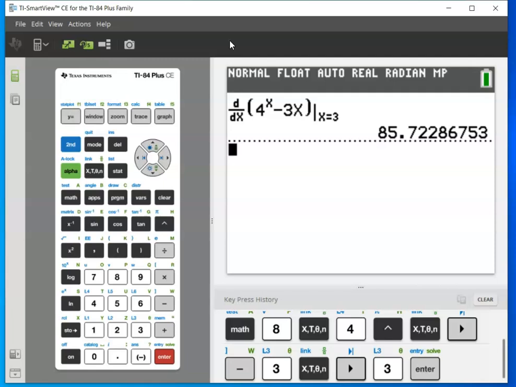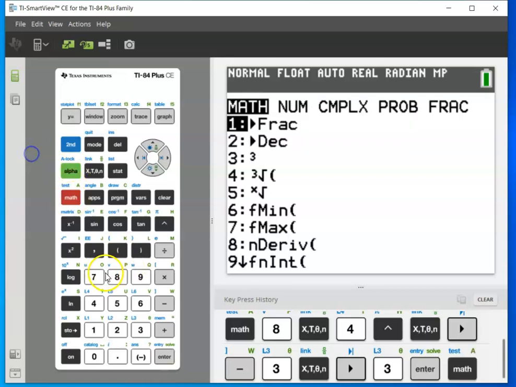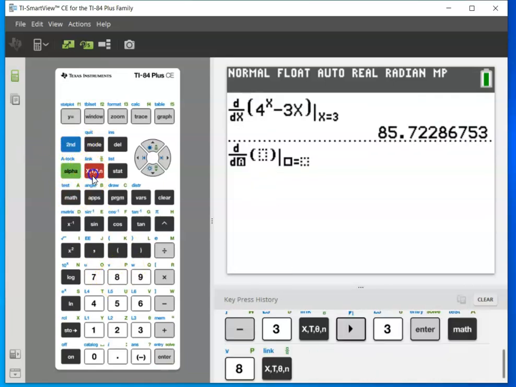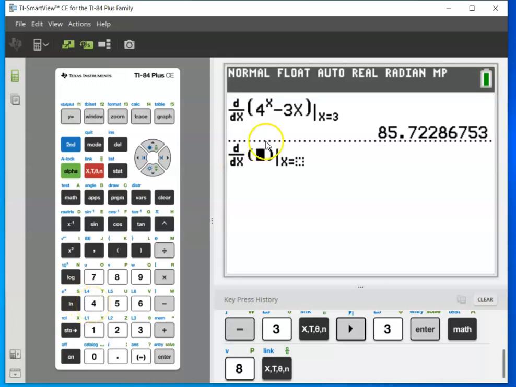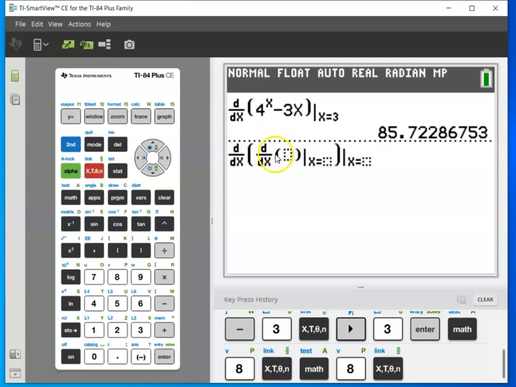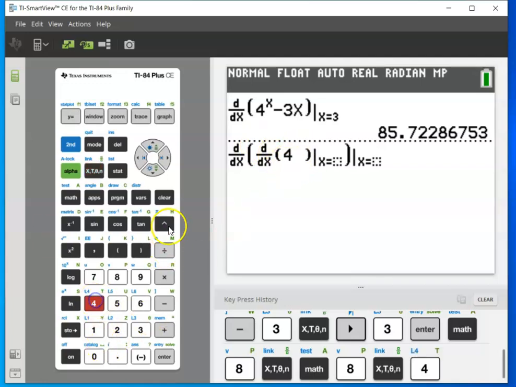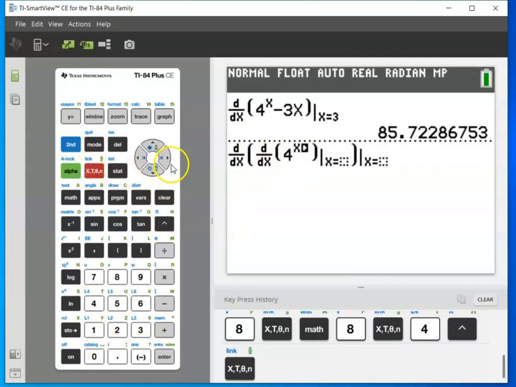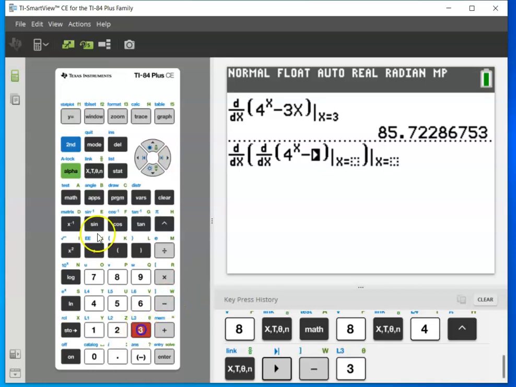Now I can do a double derivative. The way you do it is a little tricky though, so check it out. You go math 8, you take the derivative with respect to x of this. Actually, hold on, let's do it differently. We take the derivative of the derivative. Okay, now right in here, we put 4 to the x minus 3x.